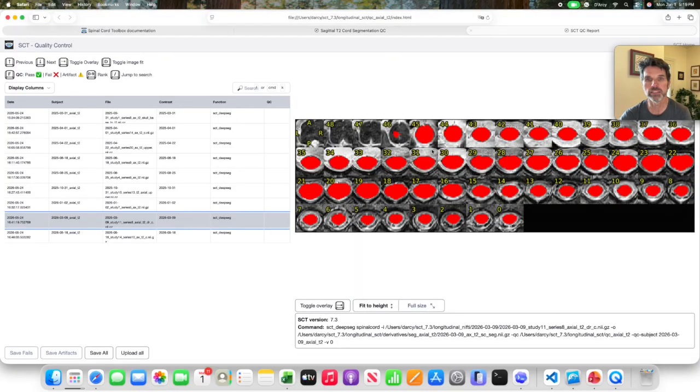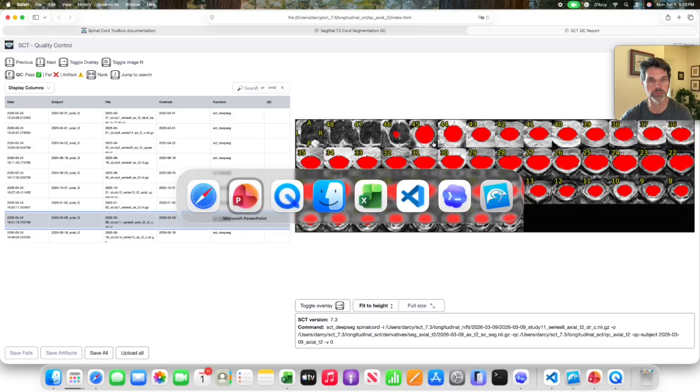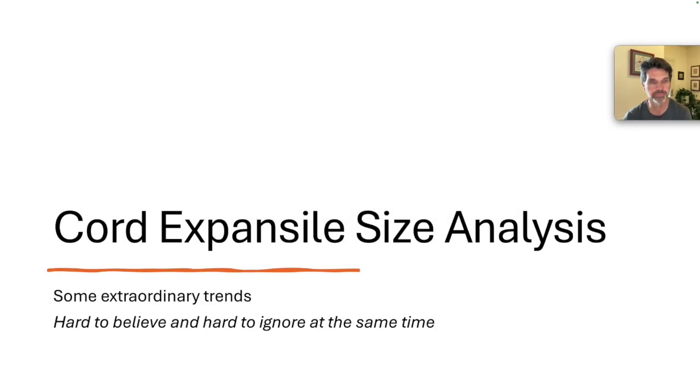And this section here is where you can see each of the individual axial views of the spinal cord, and the red highlights what the machine learning algorithms have identified as the cross-sectional area. And you can see it's quite good. It's not perfect, but I'm finding it's better than the human eye can do. And what I'm most pleased with is that it takes out any potential bias that may be in place when I was doing this manually.